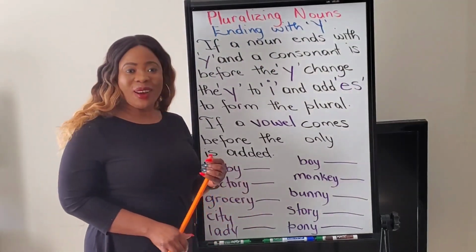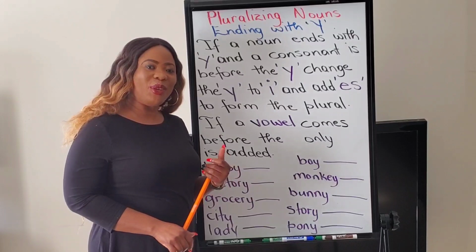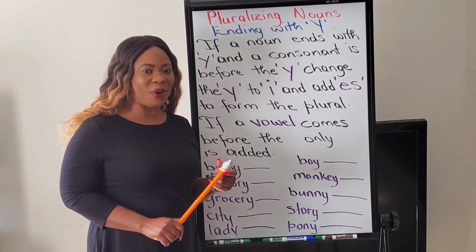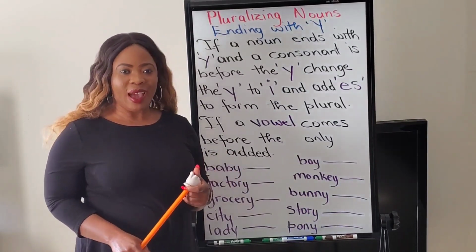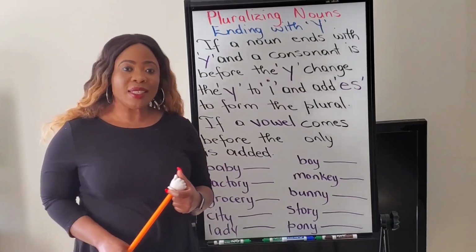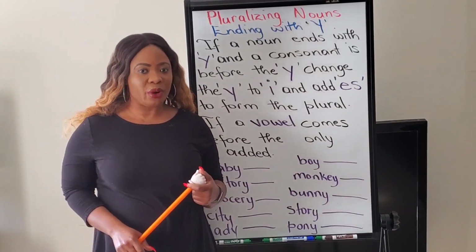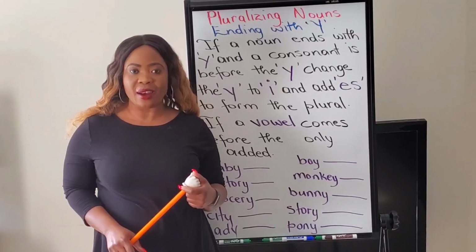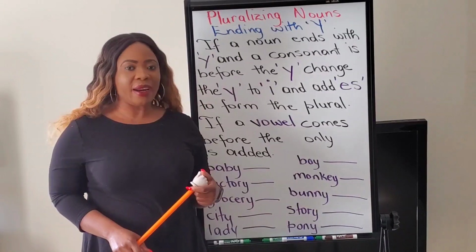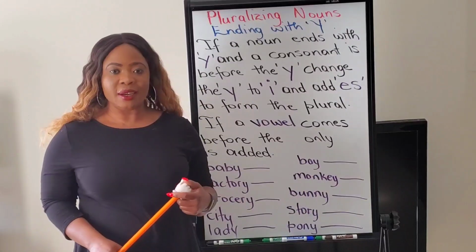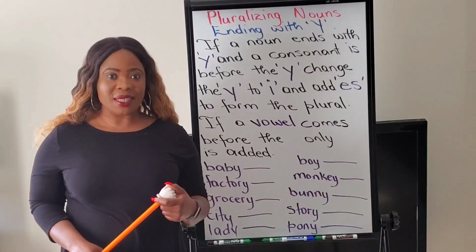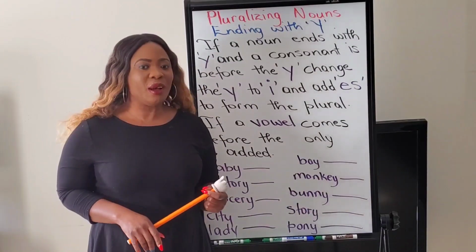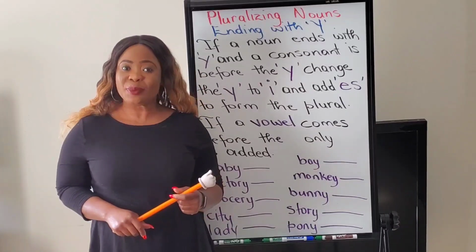Okay, guys, guess what? Today I have another new and exciting lesson for you. So, we've been looking at nouns, right? And we did say that nouns are naming words. They identify people, places, animals, and things. We have also started looking at pluralizing nouns. And we also said that one is singular, but more than one is plural.